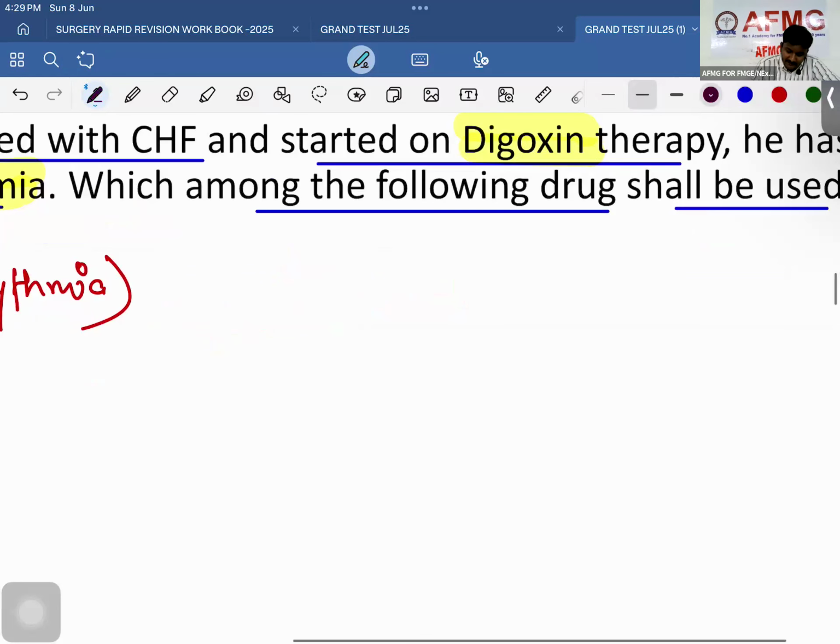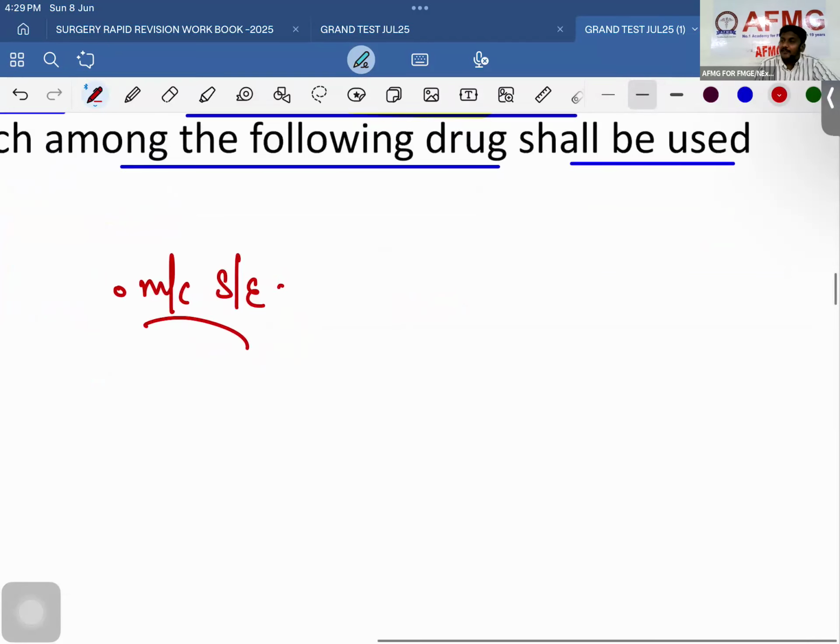What is the most common side effect of digoxin toxicity? Nausea and vomiting is the most common side effect. Now, arrhythmias can be one of those side effects, beta. Okay, so that is what is important to remember. The patient will have yellowish vision.